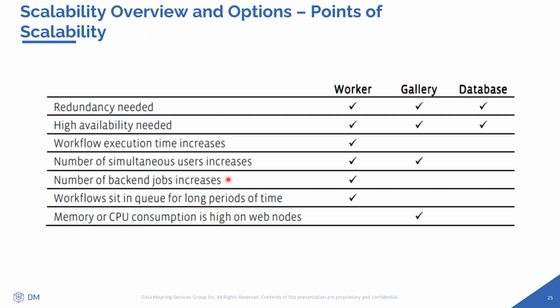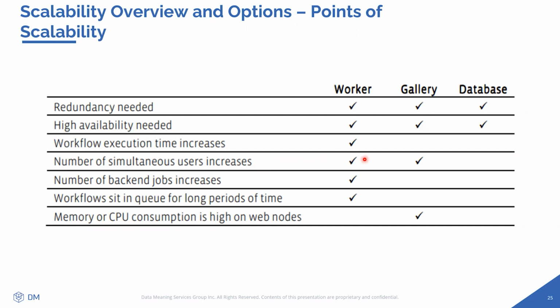If the workflow execution time increases, you probably need to look at the worker machine, right? And you need to upgrade the worker machine or have more worker machines available. If the number of simultaneous users increases, so we have more users accessing the gallery, right?